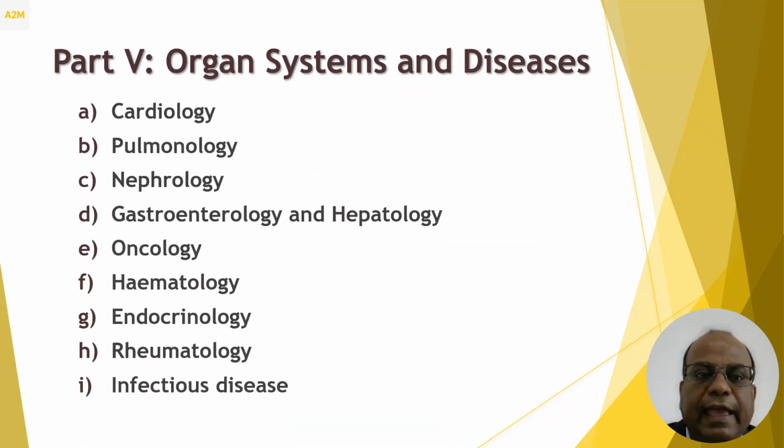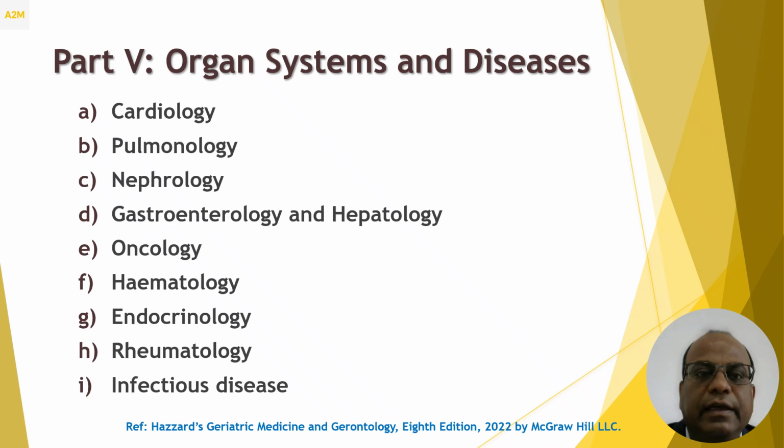This final part reviews the age-related changes in all major organs, and it includes heart, lung, kidney, digestive system, cancer, blood, hormones, joints, and infectious diseases. So older adults have several chronic problems at once.